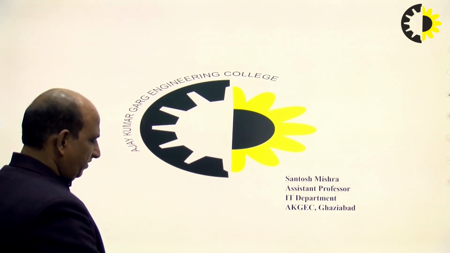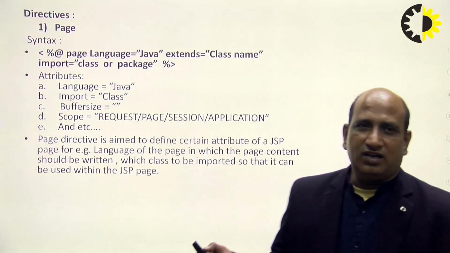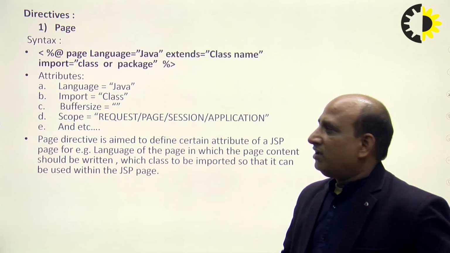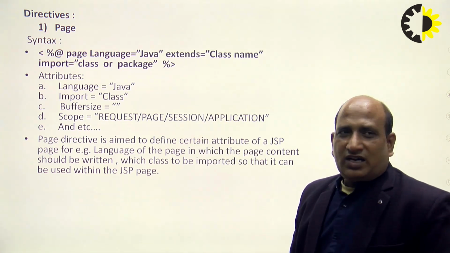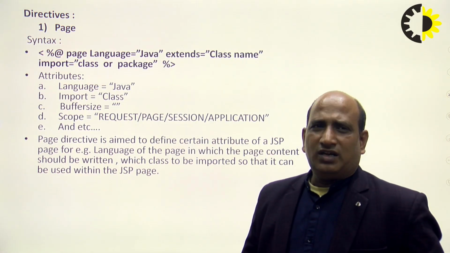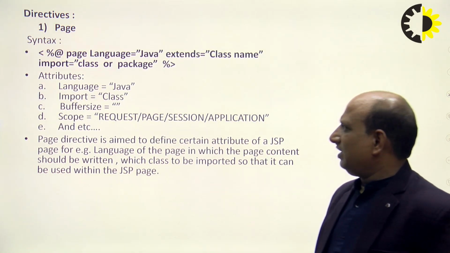It may be of page type directive. So directive tags are used to give directions to the compiler. This page directive tells the engine the directions it has to follow for the current JSP page.